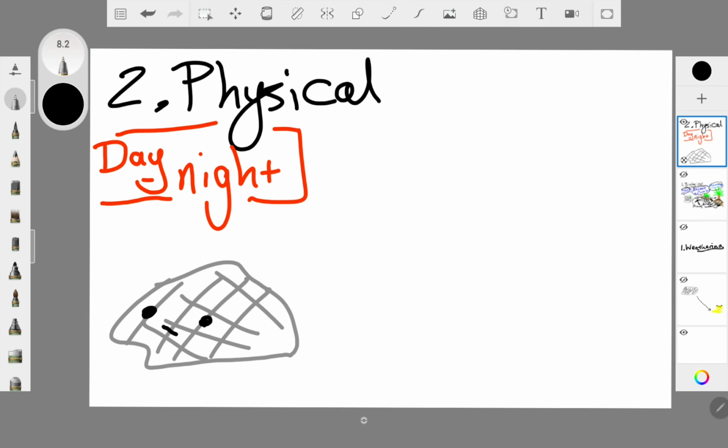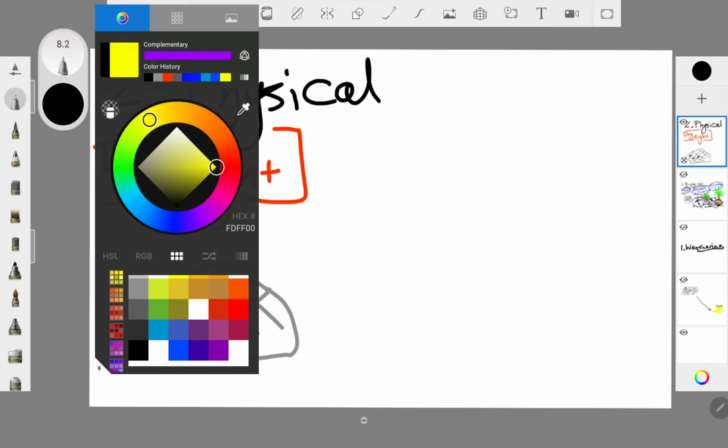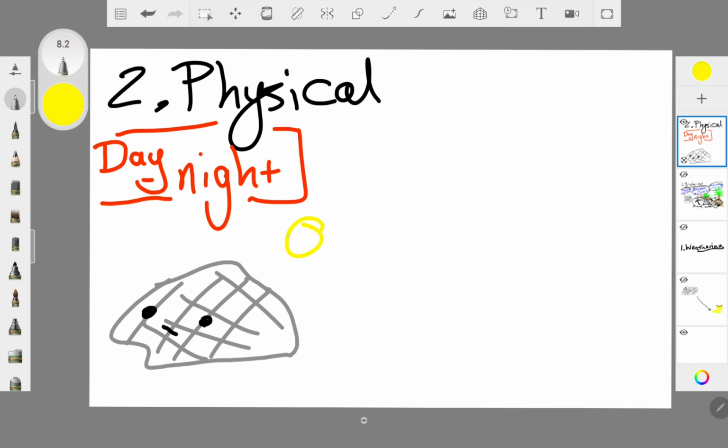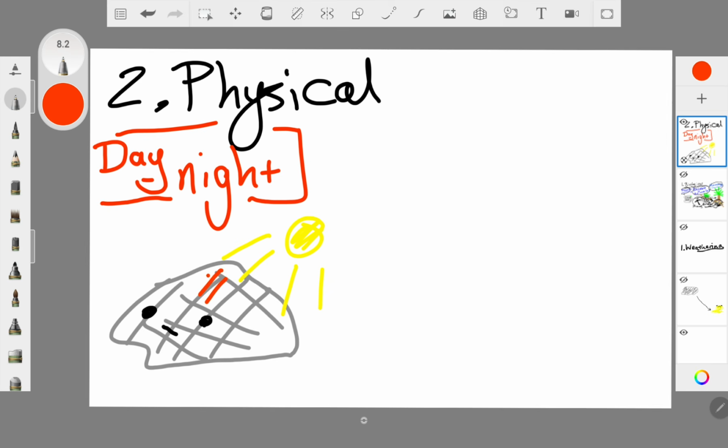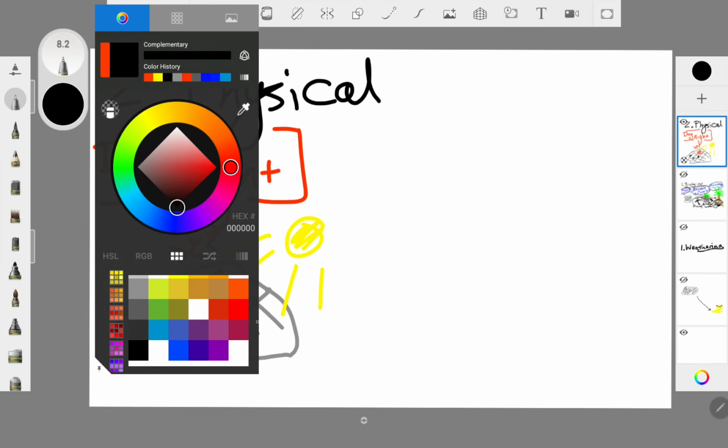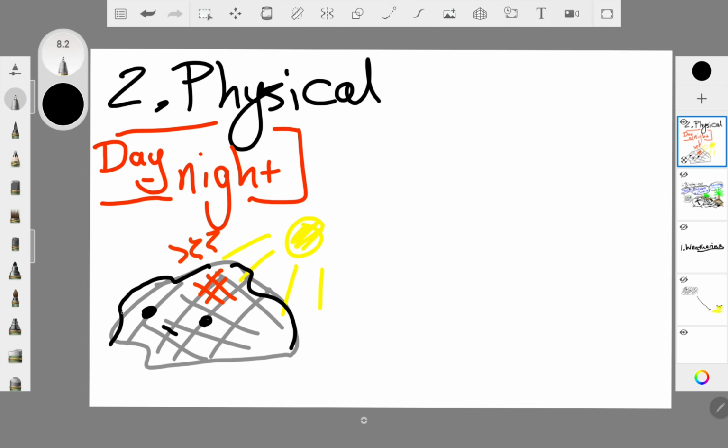So, we've got our rock here, yeah? It's a sunny day in, let's say, the desert. As the sun shines on our rock, his outside starts to get a little hot. When it gets hot, the outside layer of my rock, all of this, starts to push outwards and expand. Now, again, nighttime comes.